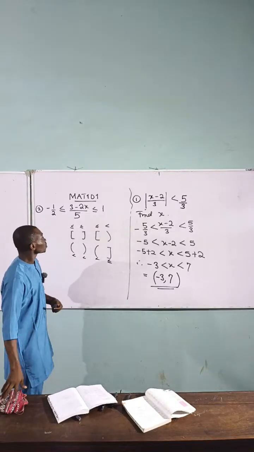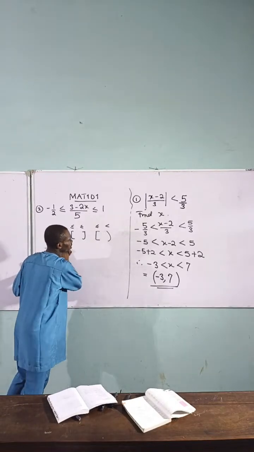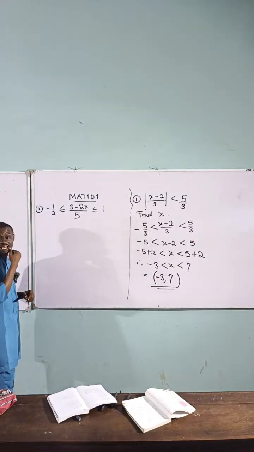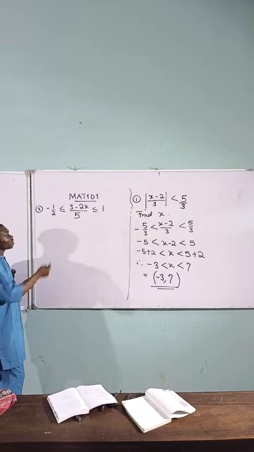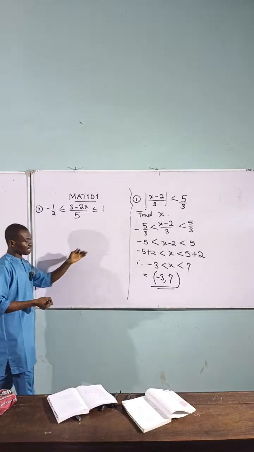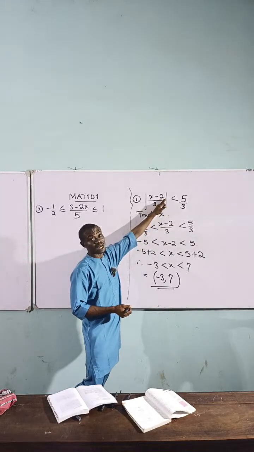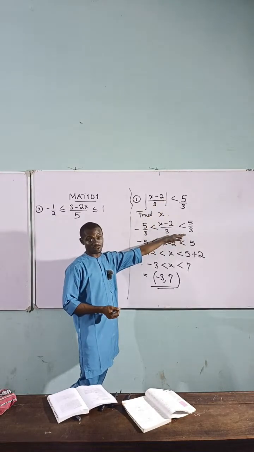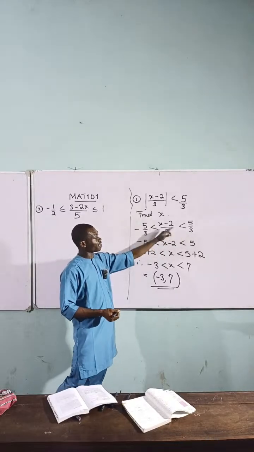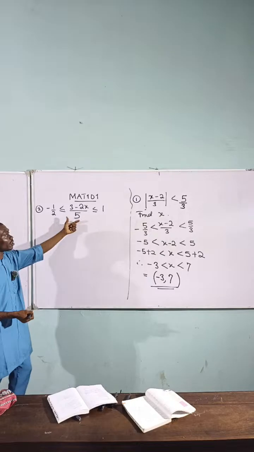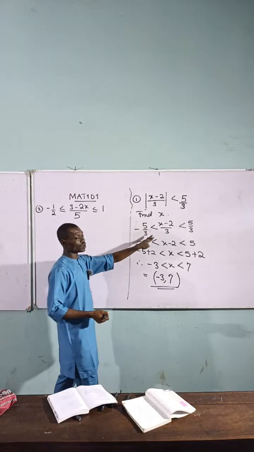Once you are done solving, you should be able to represent your answer in any of the interval forms. So now look at this one. Just like what we did before, the only thing I needed to show you is how to transform this into this form. Then the next thing is just to simplify. Remember what we did was to clear the fraction.